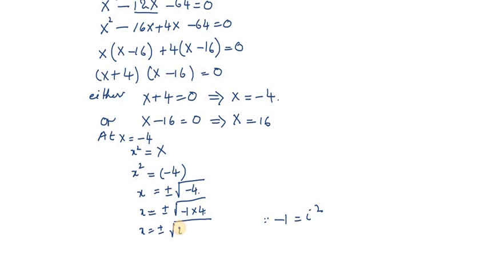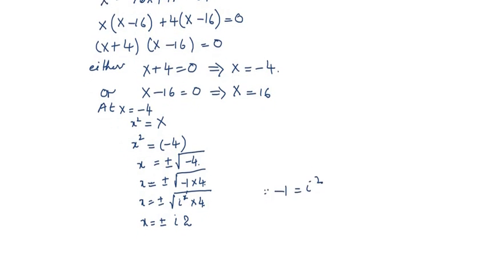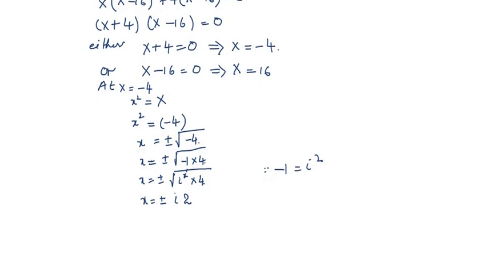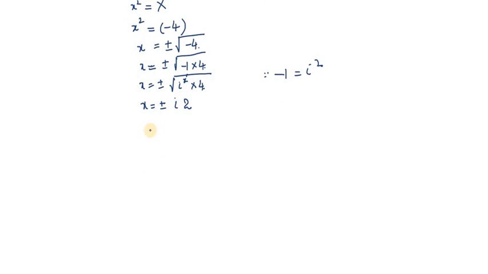We place iota square in the place of minus 1, and then we take the root: plus minus iota. Root of iota square cancels, we get iota, and the root of 4 will be 2. So at X is equal to minus 4, we get the value of x is equal to plus minus 2 iota.